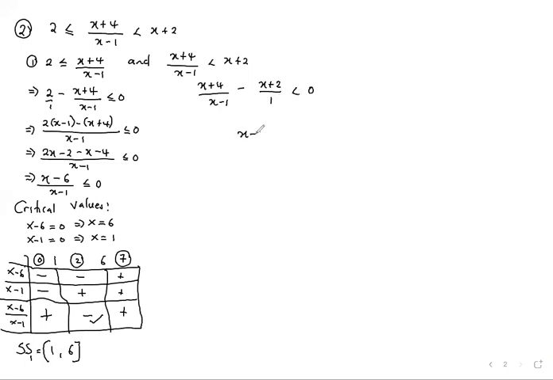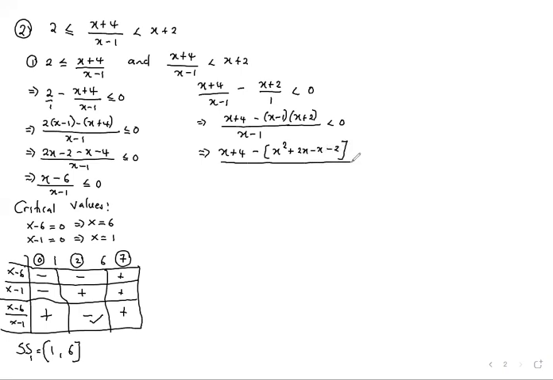So we are calling this solution set 1. Get the common denominator x minus 1, and we'll get x plus 4 minus x minus 1 multiplied by x plus 2 less than 0. So that will be x plus 4 minus x squared plus 2x minus x minus 2 over x minus 1 less than 0.